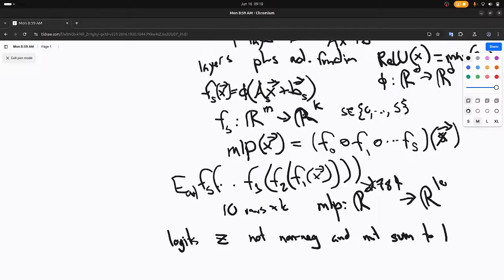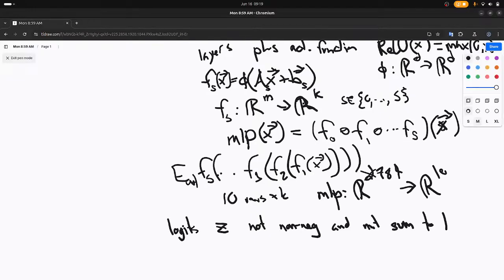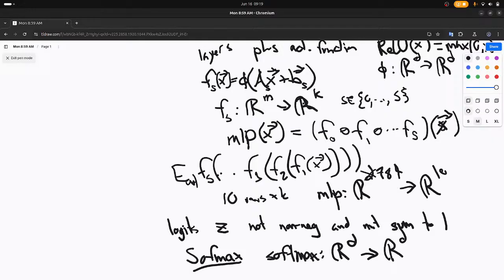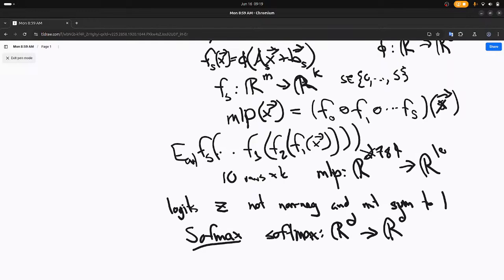So lastly, I want some kind of operation that does this, softmax. Softmax is a function. It takes a vector in R^d, maybe R10 in this case, and maps to the same, but it ensures that it sums to 1 and is non-negative. How can we do this? Well, just thinking about it, exponentiating will turn it positive.